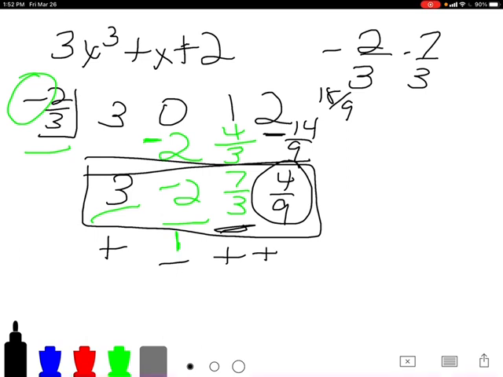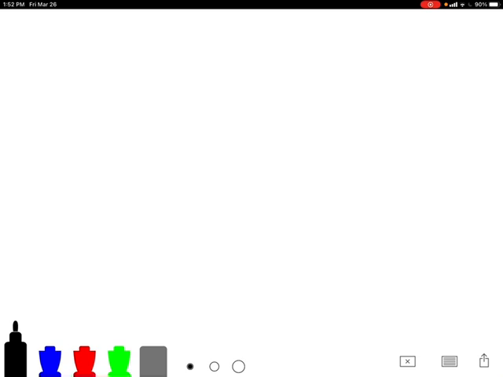I'm going to erase this again. I'm going to sketch the graph of this function real quick. I use my graphing calculator to help me. It has a y-intercept at negative 2 and an x-intercept right around here, and it looks something like this.